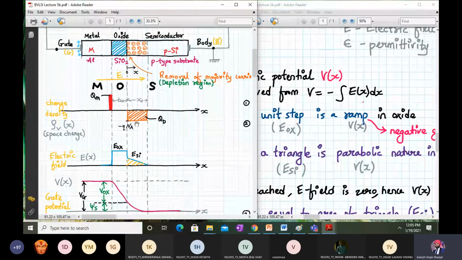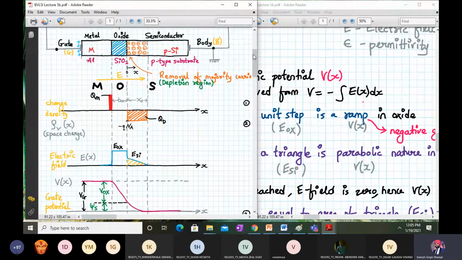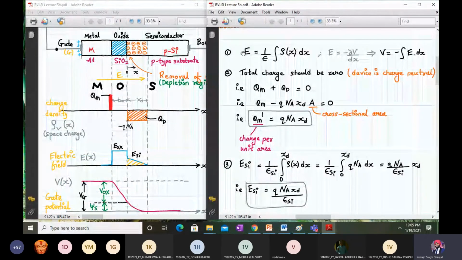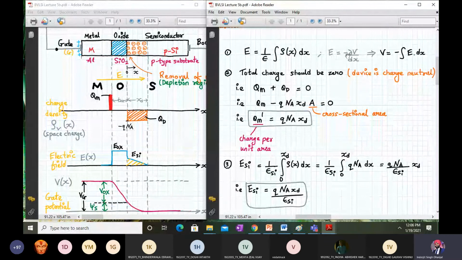Now we know electric field is also given by minus dV by dx, and so potential will be minus of the integral of E into dx.